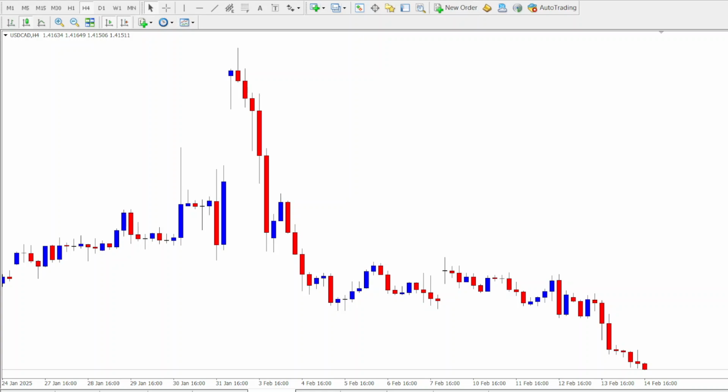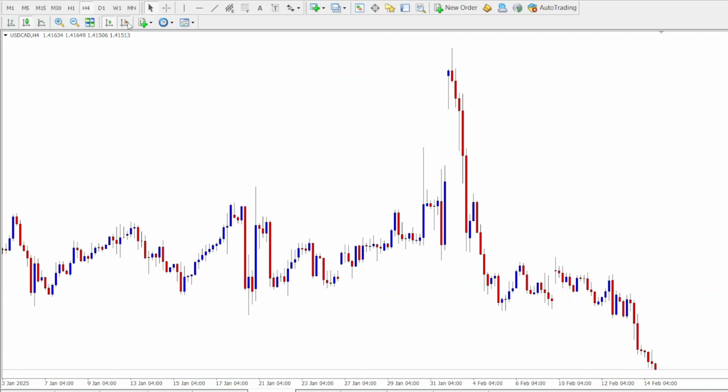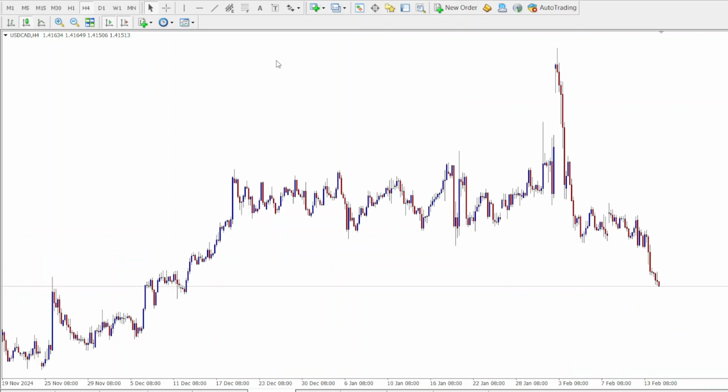It happens sometimes. You can see this is a good example here. You can see what happened here. This was a significant resistance zone. Can you see that? That we had a significant resistance zone here.